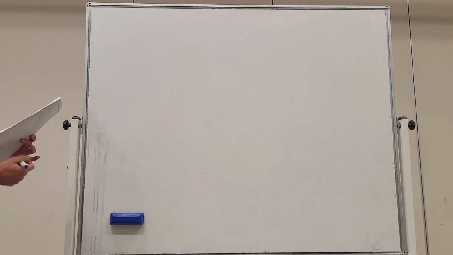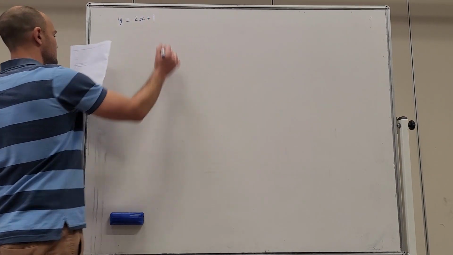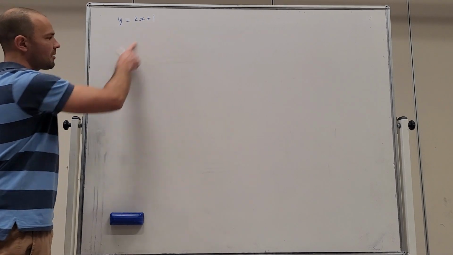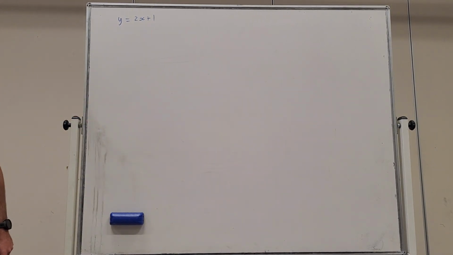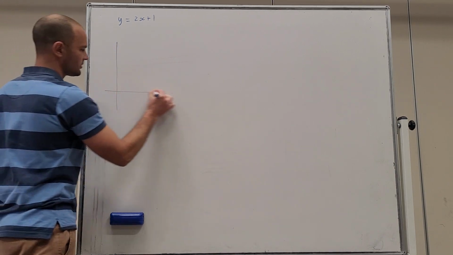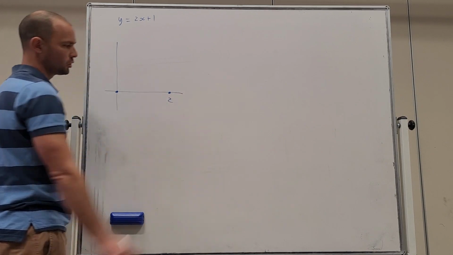Okay, here we go. Consider the function y equals 2x plus 1. Sketch the function over the interval from 0 to 2. So this is the equation of a line, and we're going to sketch it manually. We're going to recap some of those skills. So just in terms of my Cartesian plane, I'm going from x is 0 to x is 2.